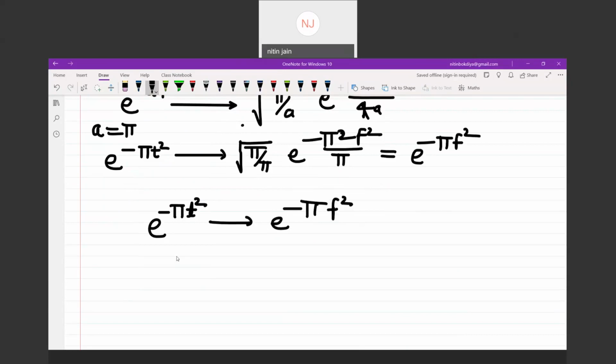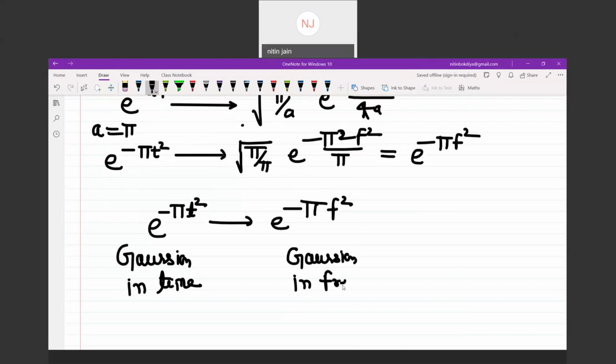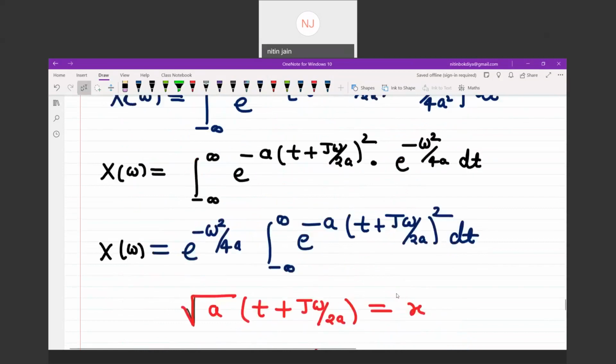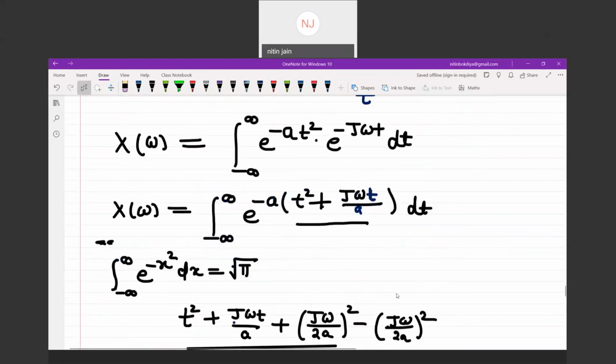So it's a Gaussian in time domain, and this is Gaussian in frequency. So this is the explanation of what is the Fourier transform of a Gaussian function. So you can say the Fourier transform of a Gaussian function is given by this procedure.